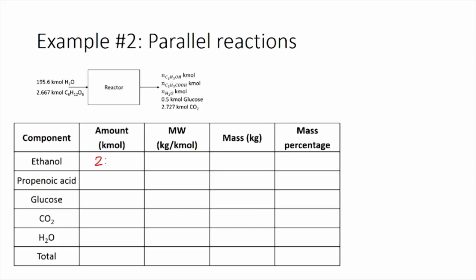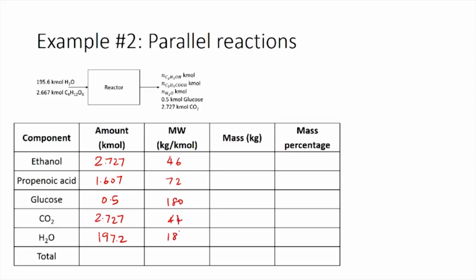Ethanol has been calculated as 2.727 kilomoles, propanoic acid in the final broth is 1.607 kilomoles, glucose in the final broth is 0.5 kilomoles and carbon dioxide is 2.727 kilomoles and water is 197.2 kilomoles. The molecular weights for each of these are known and they are 46, 72, 180, 44 and 18.